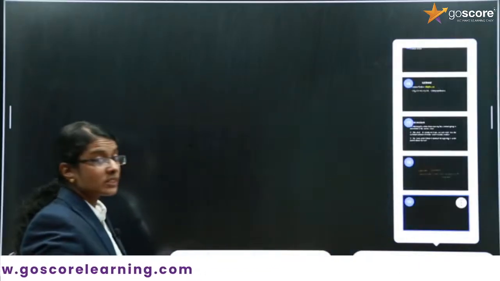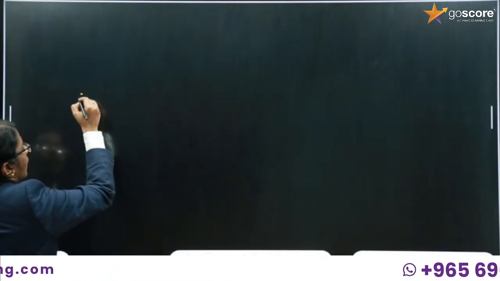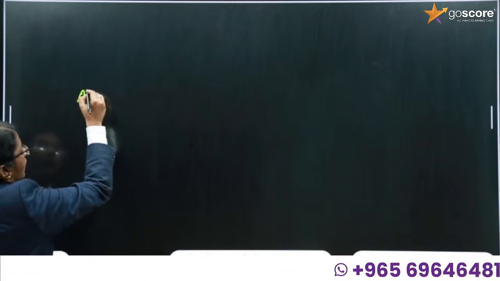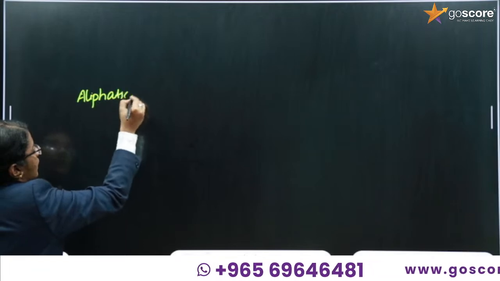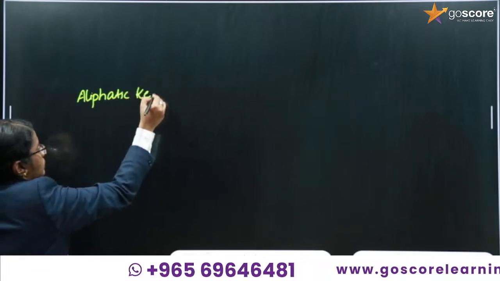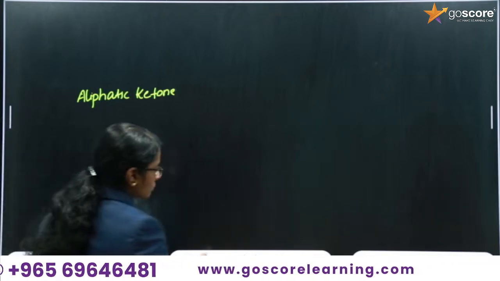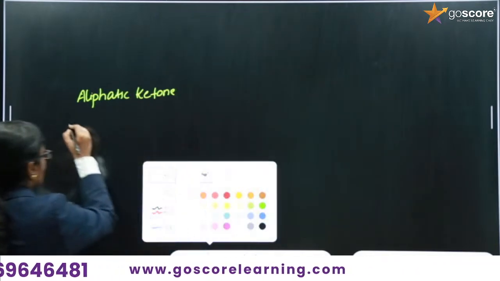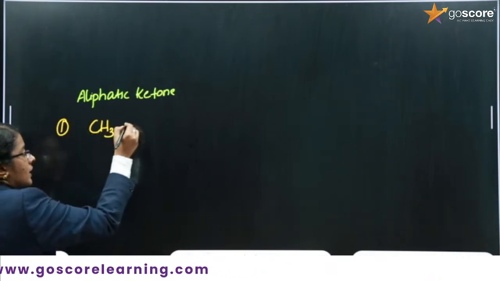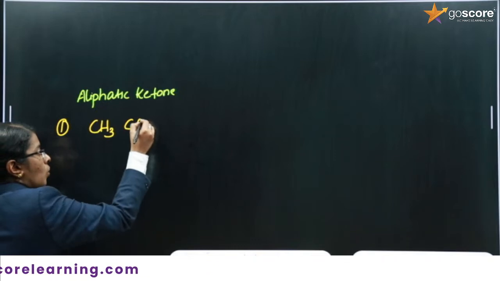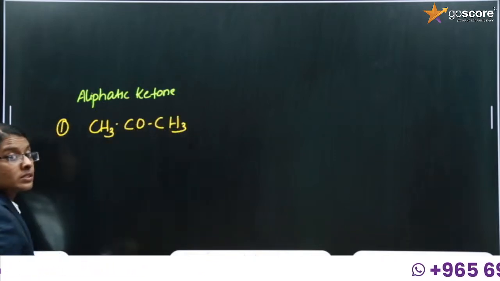So the first one is an aliphatic ketone. The first one is CH3 CO CH3.